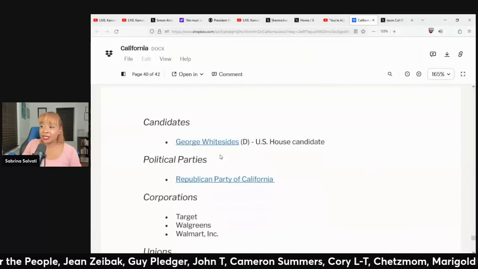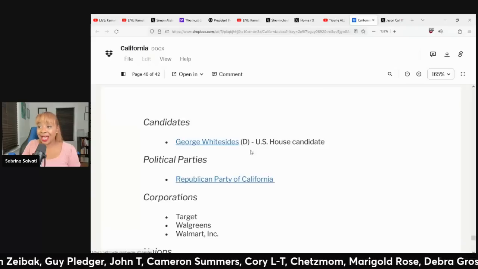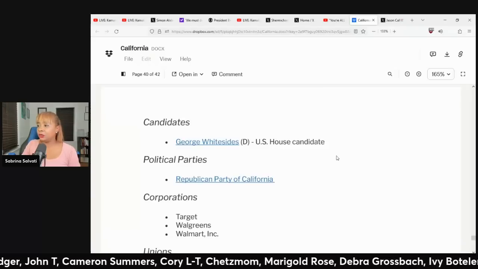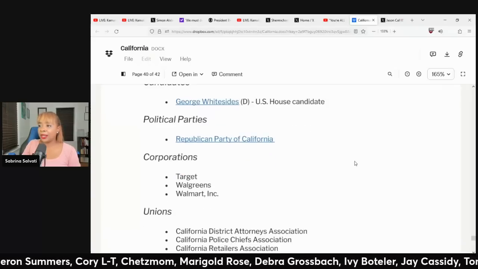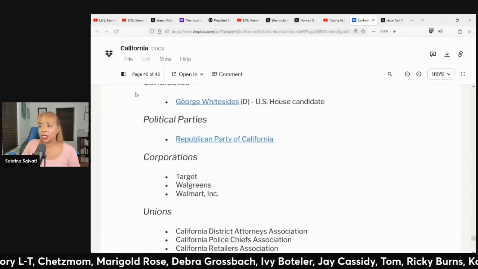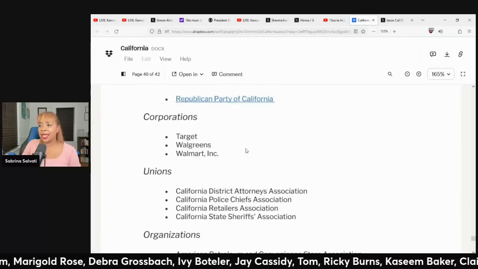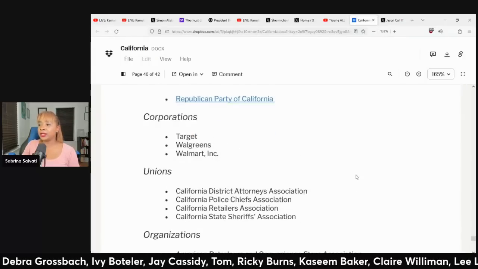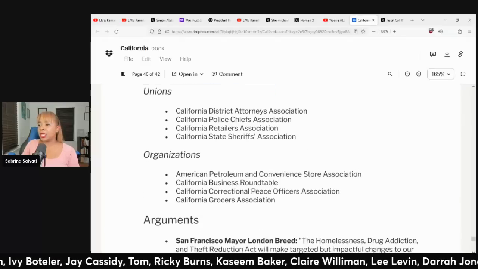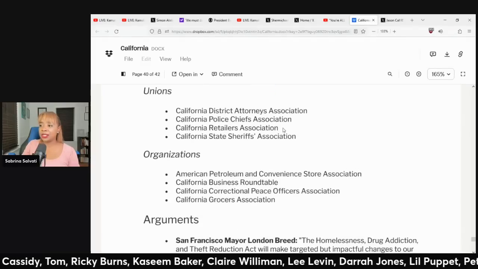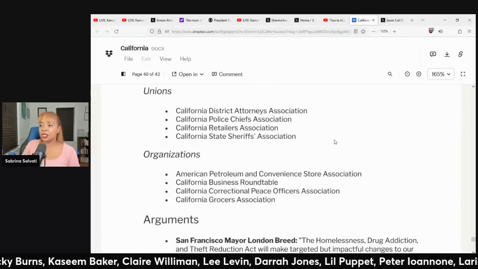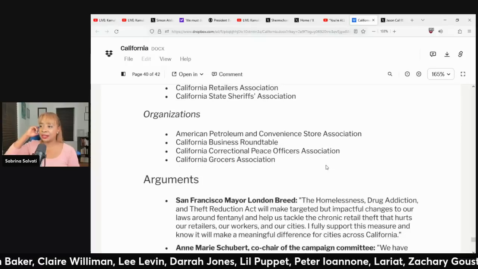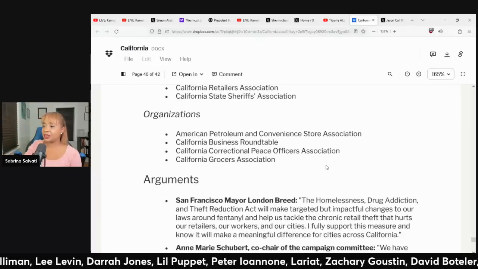One of the candidates that supports it is George Whitesides. He's a Democrat running for U.S. House. Political parties, Republican Party of California. So again, we're seeing some more bipartisanship, and Target, Walgreens, and Walmart support it. And unions, California Police Chief, State Sheriff's Association, and one of the organizations, California Business Roundtable.